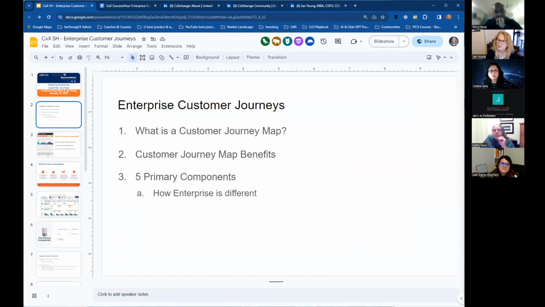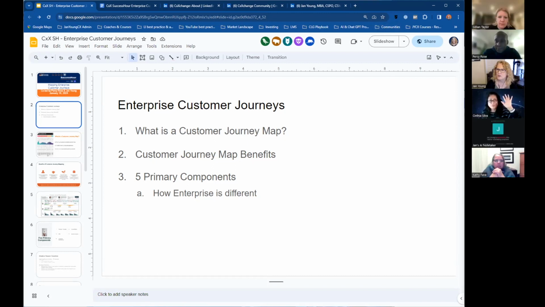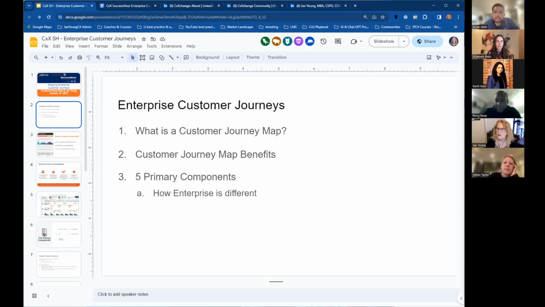How many folks, raise your hand, have journey maps for your CS programs? Okay, so we have some folks. And are you using them, or do they sort of collect dust? Keep your hand up if you're using it.